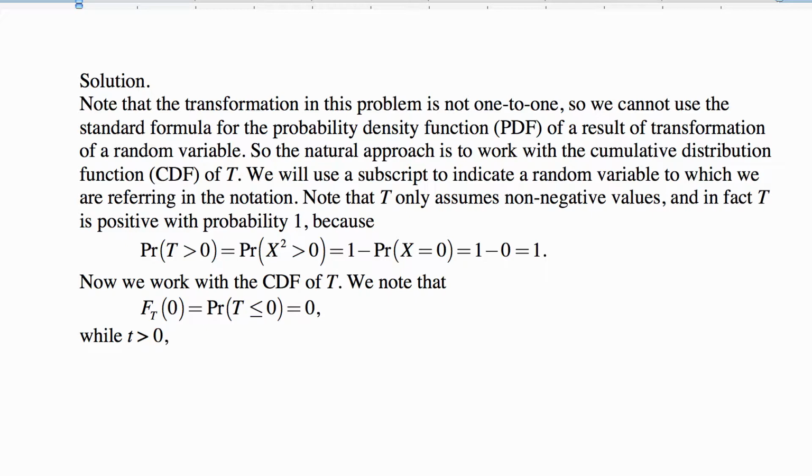Which is 1 minus 0, because x is a continuous random variable, so its probability of being equal to 0 is 0. So t is positive with probability 1. We also note that the cumulative distribution function of t at 0 is 0 as well.